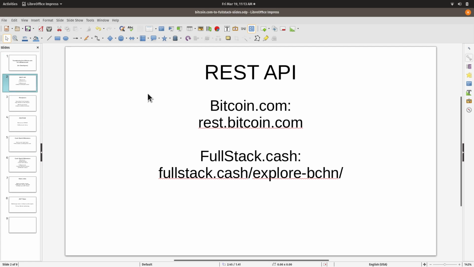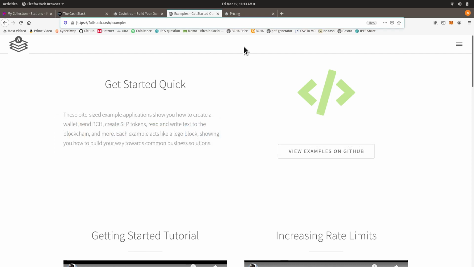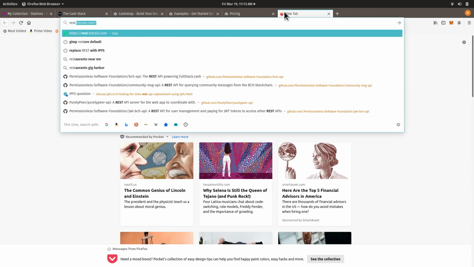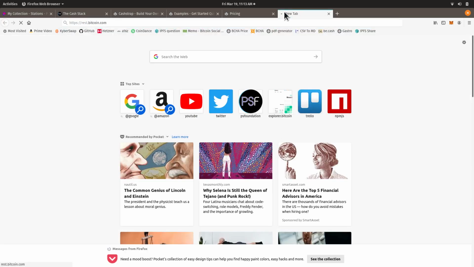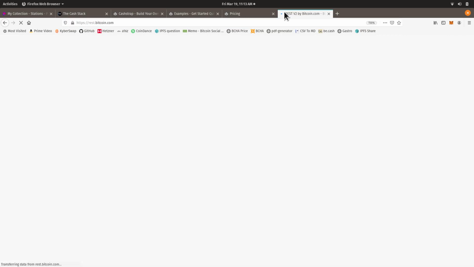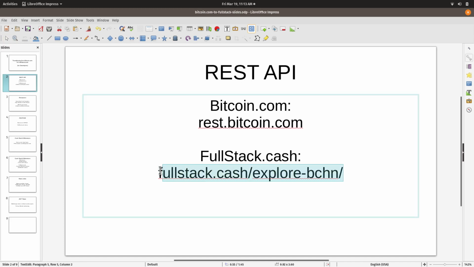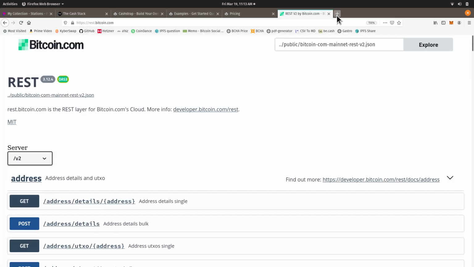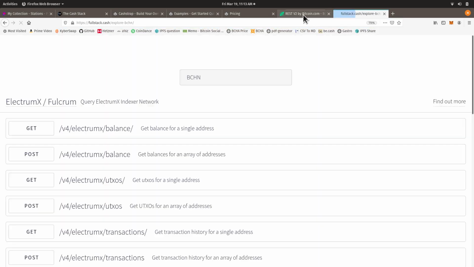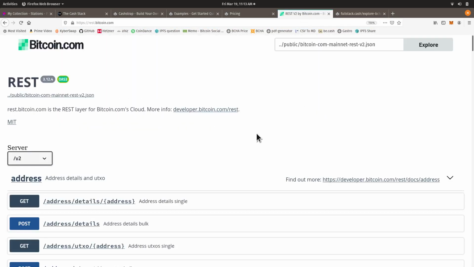So the most popular resource used at Bitcoin.com is the REST API, and this can be seen at rest.bitcoin.com. Let me bring that up. rest.bitcoin.com is a Swagger UI that lets you interact with the REST API.